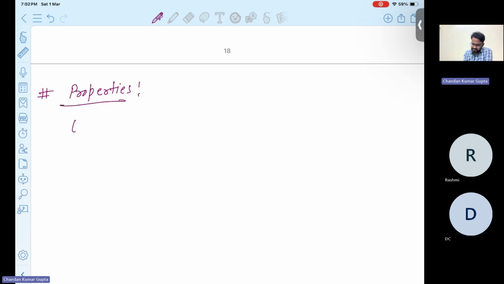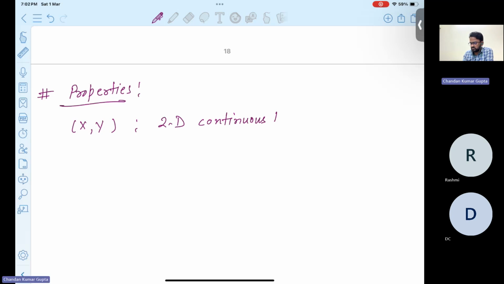Suppose we are given x and y, two-dimensional random variables, and for consideration purposes we have taken them to be continuous. The first is the transformed random variable z, which is defined as x plus y.